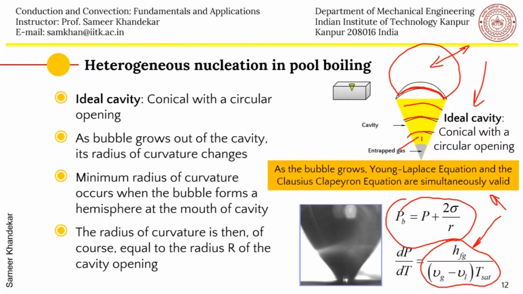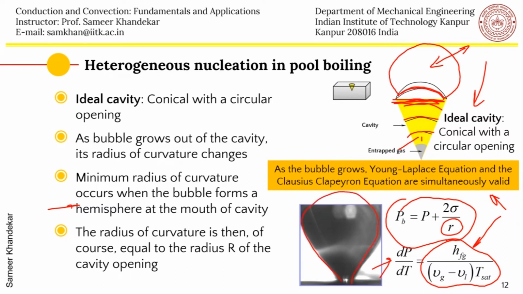At that time you have the minimum radius and the maximum delta P. Since these two are related thermodynamically through the Clausius-Clapeyron equation, as the bubble is growing both of them should be satisfied so that the bubble can come out. If the conditions are such that any one of them is not satisfied, then the bubble cannot grow out of that particular cavity.